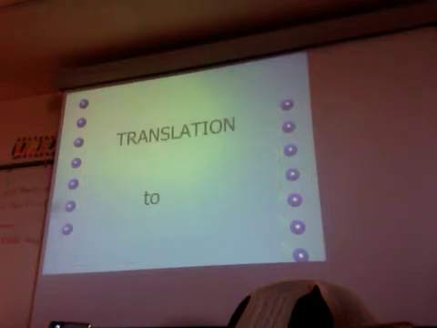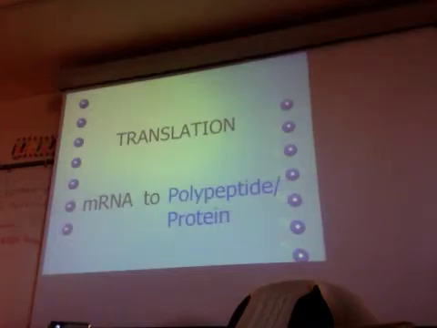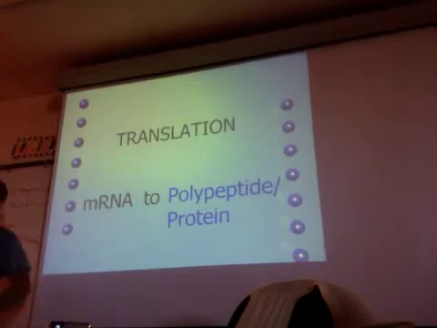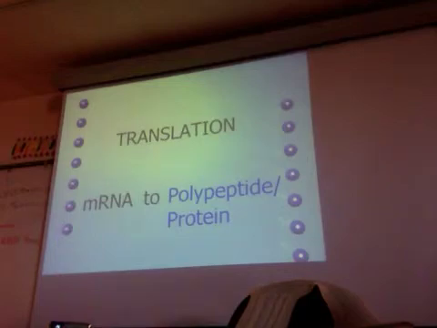All right, translation. Next, second step in protein synthesis, which is take mRNA and make a polypeptide or protein. Now, I said this once before, I'm going to reiterate it probably three times today: how these two terms correlate.